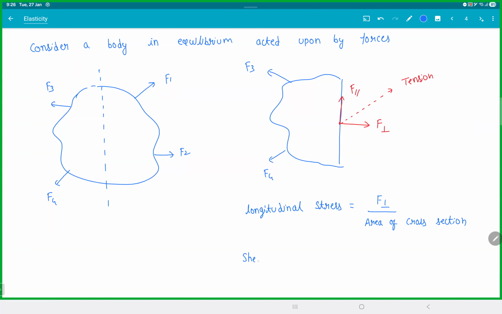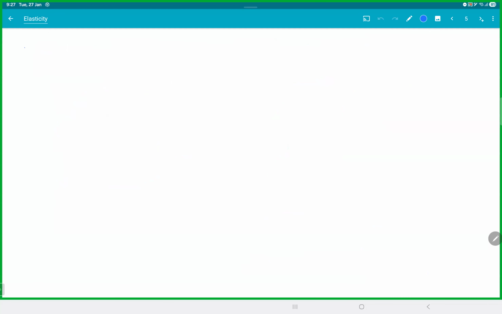Then we define something called shearing stress, which is the force parallel by area of cross section. Right? And there's a third thing called volume stress. We'll talk about stress exactly. What is stress there? Why we need to define it.